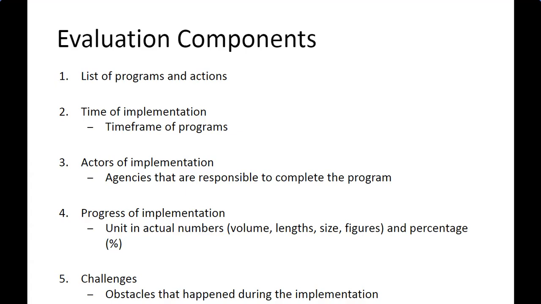If implemented, how far it has been implemented, 20%, 50%, 100%. And if not, we need to understand why the local authorities do not implement the programs and the actions.